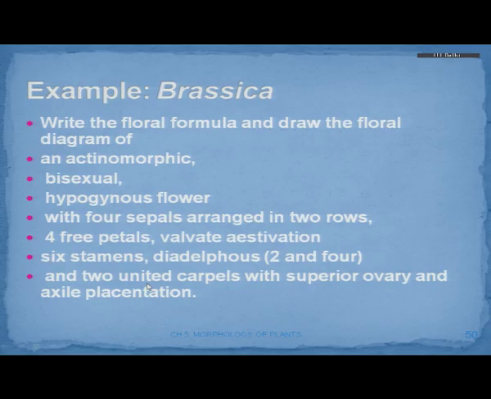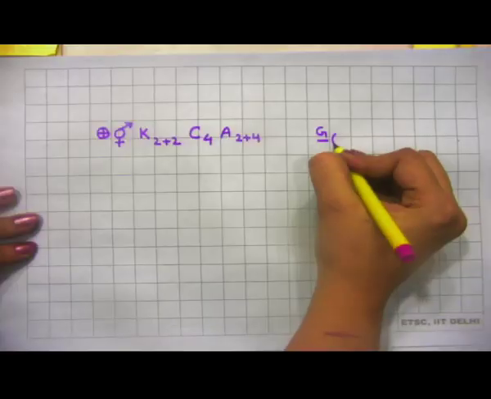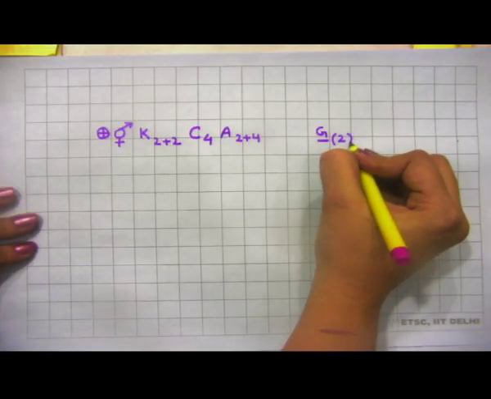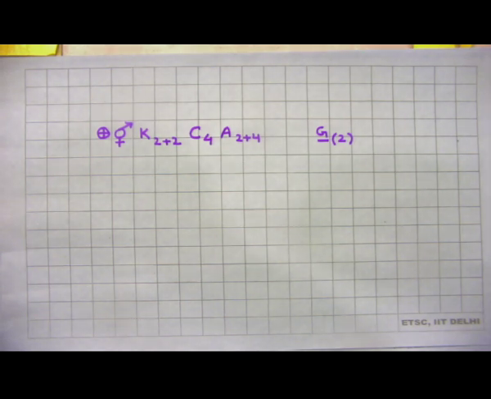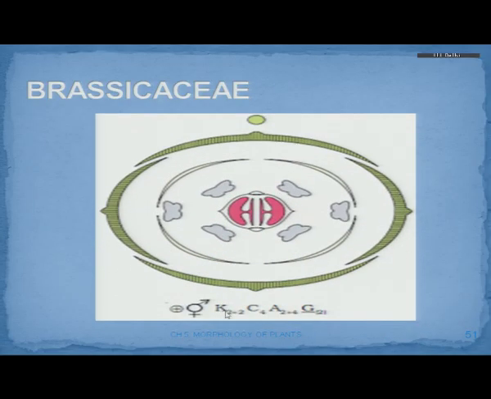We will write the formula for gynoecium. It says that there are 2 united carpels. So carpels united and 2, with superior ovary and axile placentation. Again, we cannot show the axile placentation in the floral formula. So this is our floral formula of Brassicaceae, and we can check it from here also.